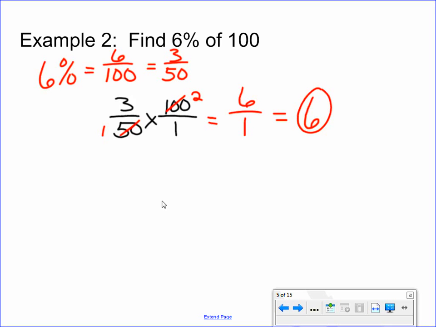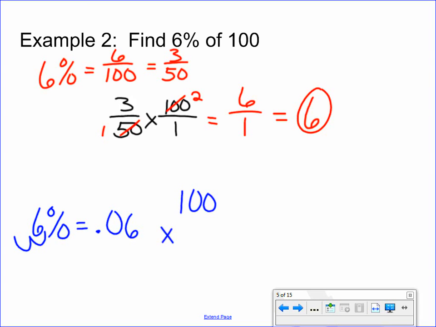Let's look at it using a decimal. 6%. We have to move the decimal 2 spaces to the left and fill in the 0 to hold the place. So it's 0.06. Okay. Now let's do the math. 100 times 0.06. 6 times 0 is 0, 6 times 0 is 0, 6 times 1 is 6. Put a 0 down to move over. 0, 0, 0.